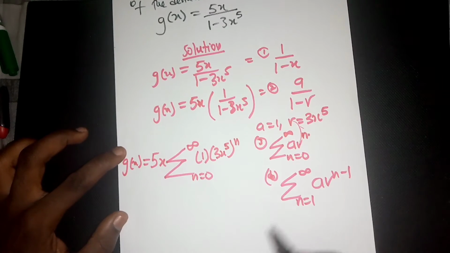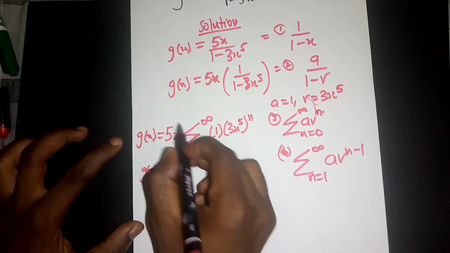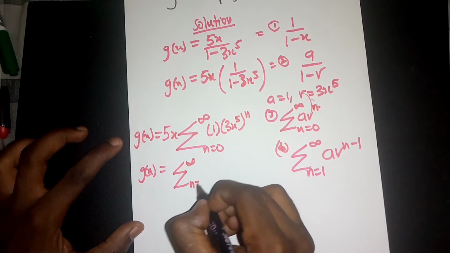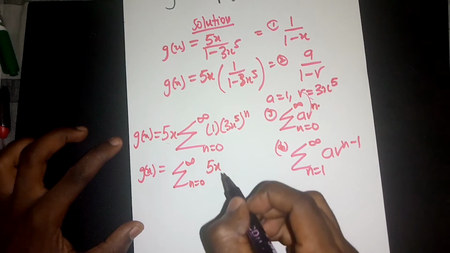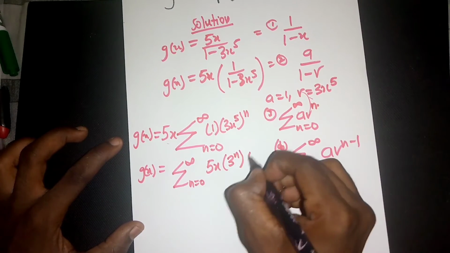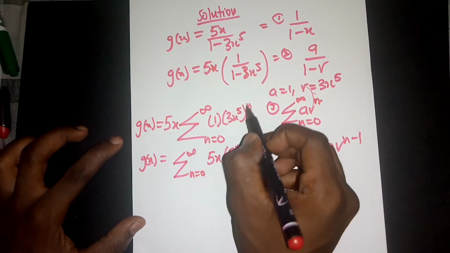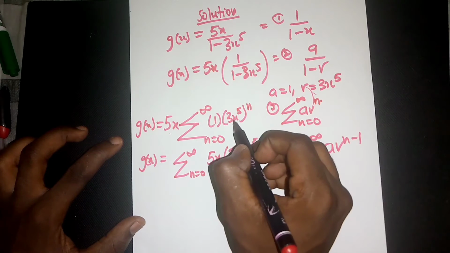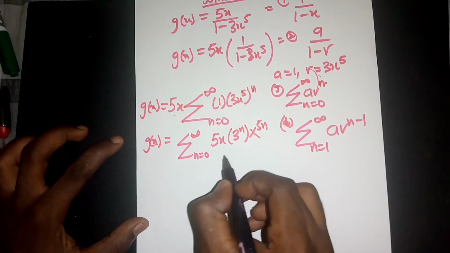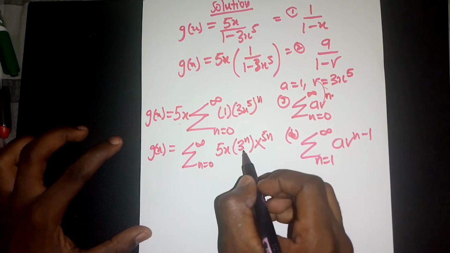Now with this series we have g of x being equal to, now we bring the 5x back in, so we have the sum from n equals 0 to infinity of 5x, then 3 to the power n, then also 5 to the power 5n, right? So it's affecting both of them. So 3 to the power n multiplied by x to the power 5n. This is just how to represent the function in power series representation.